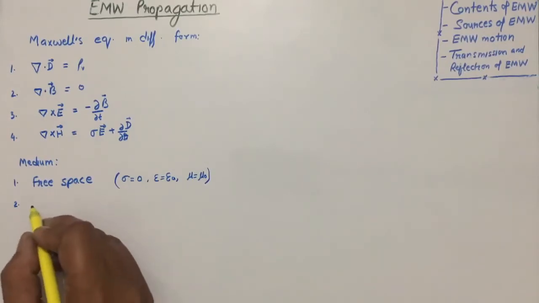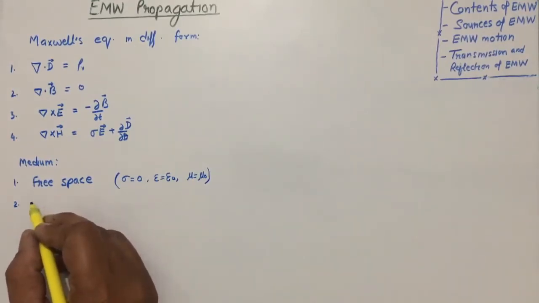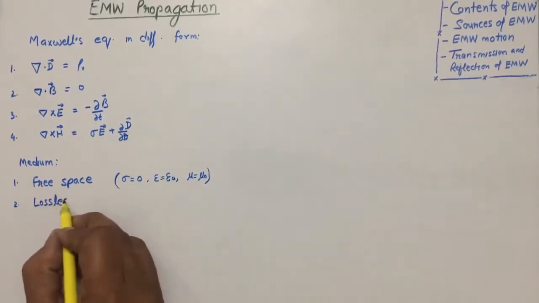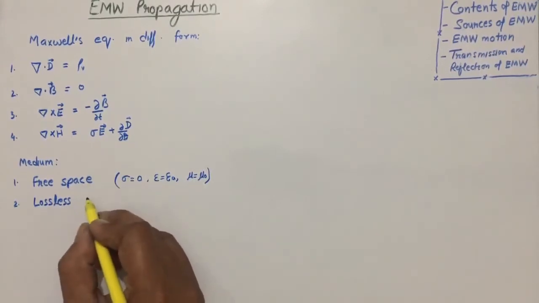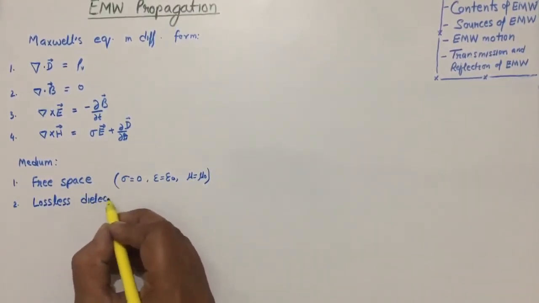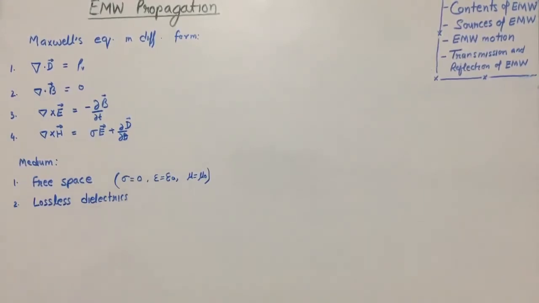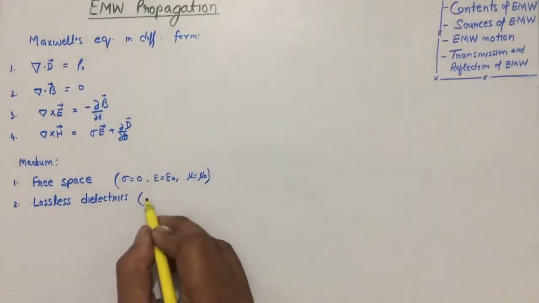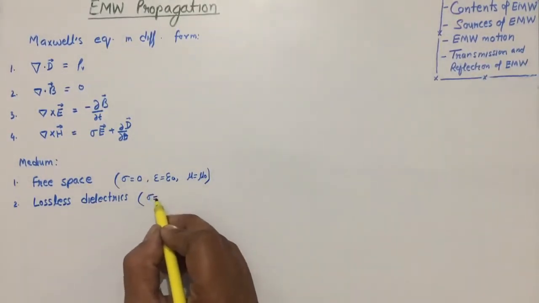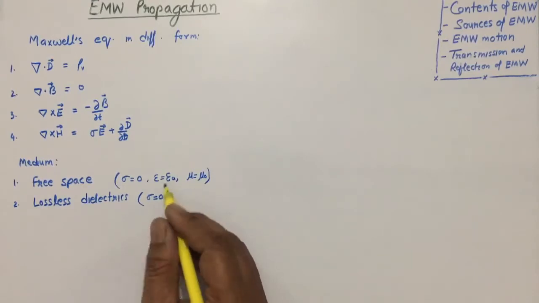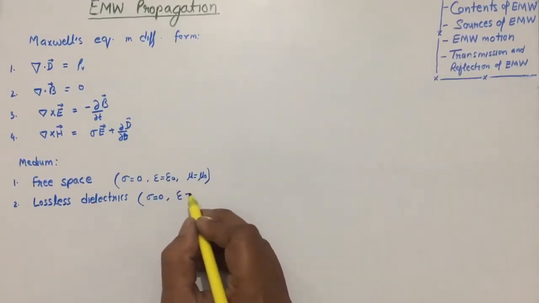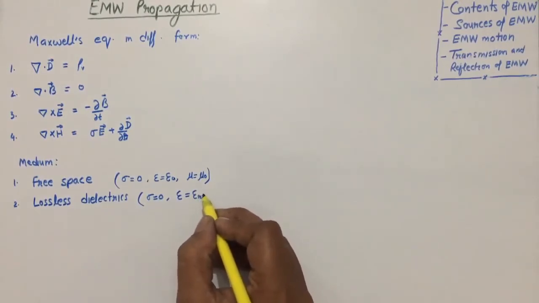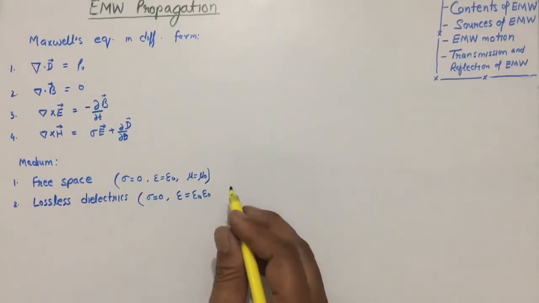The second medium that we are going to consider is lossless dielectrics. In the case of lossless dielectrics, as they are insulators, again the conductivity is 0, and the permittivity of the material changes to the relative value epsilon r times epsilon naught.